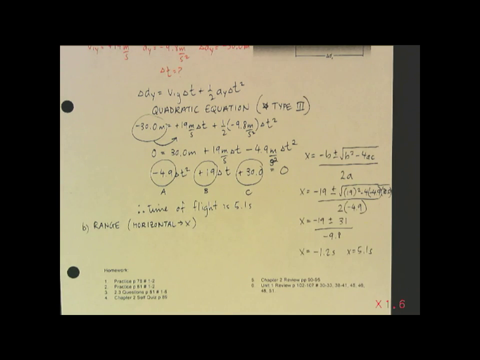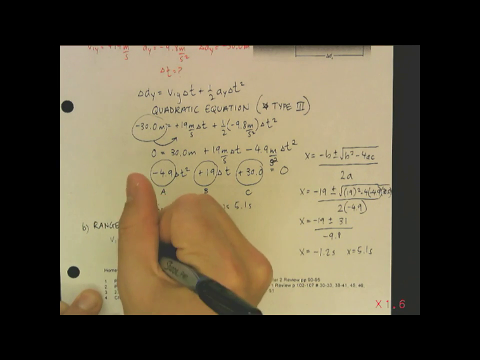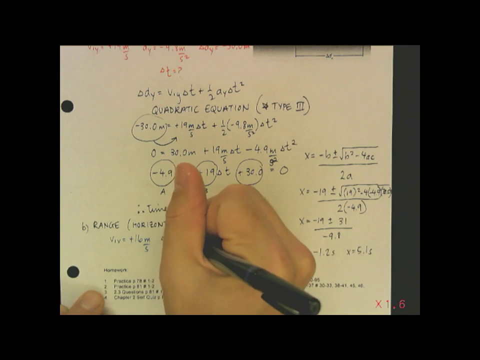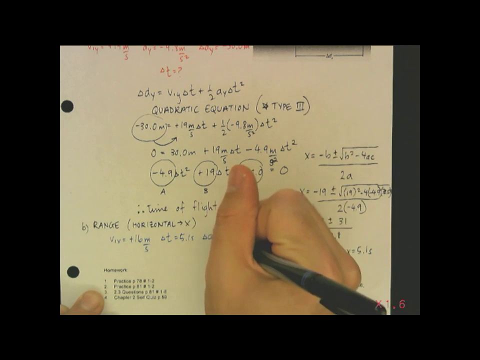What do we know about the horizontal and the x direction? Alex? Alright, so V1x is 16 meters per second. Delta t is 5.1 seconds. Good. So from there, we need to find delta dx.